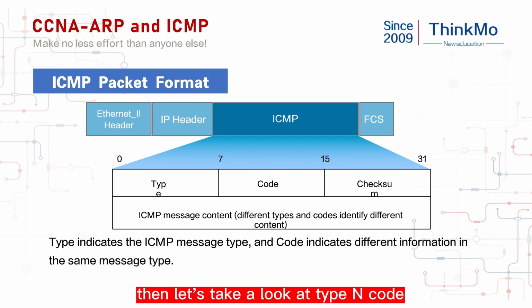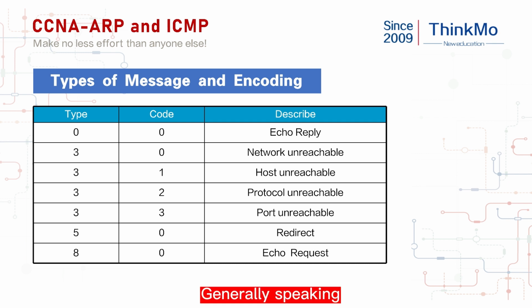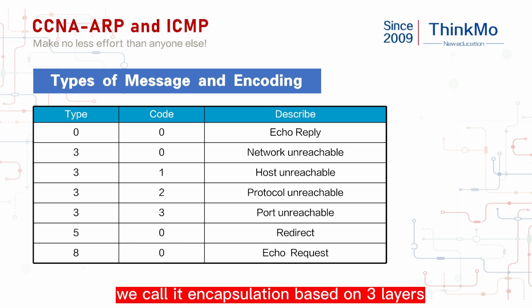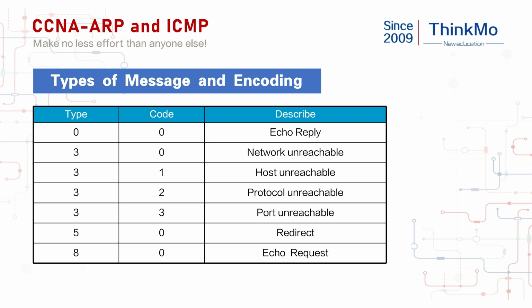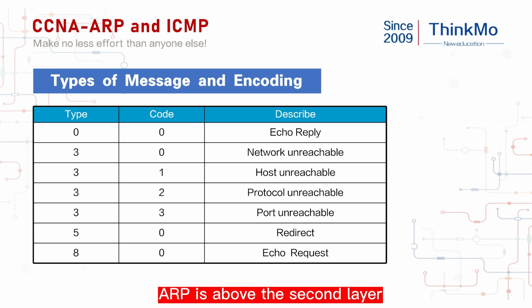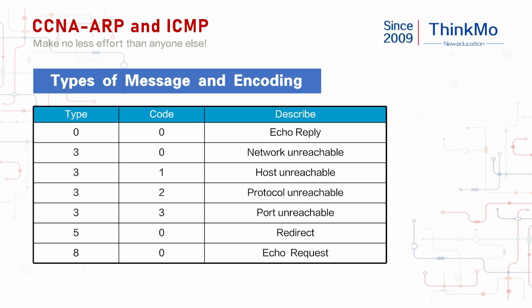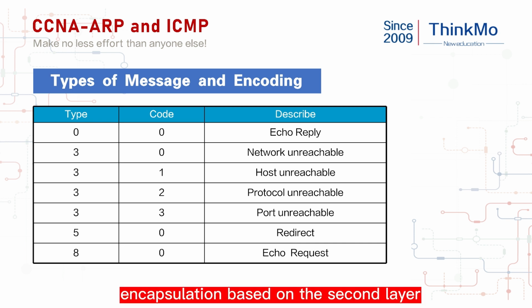Then let's take a look at type and code. Generally speaking, encapsulation based on the IP header, we call encapsulation based on layer 3. ARP is above the second layer. The layer 2 package is Ethernet II, and we call it encapsulation based on the second layer.